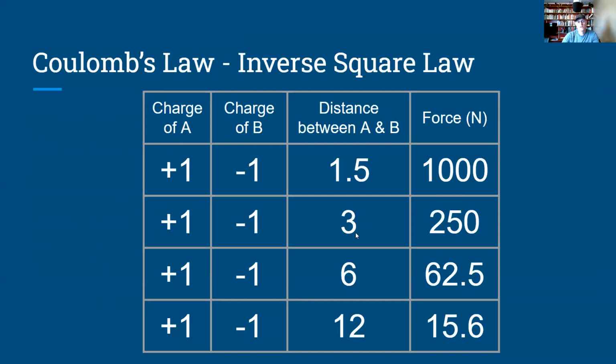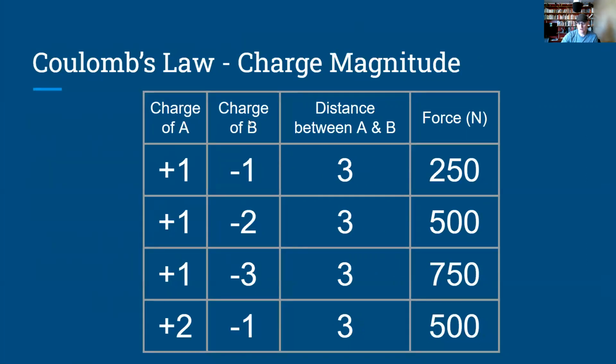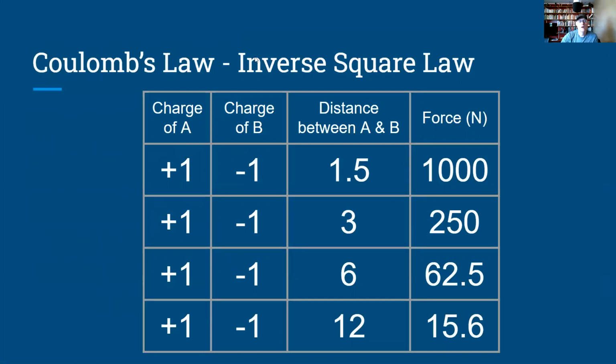If we end up doubling the distance between those same two charges, you'll notice that the force of attraction between those two charges ends up going down by a factor of 4. Okay? You'll also notice that if we quadruple the distance, from here to here, this is times 4.